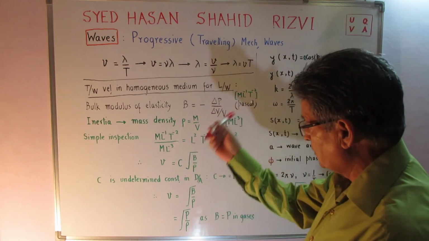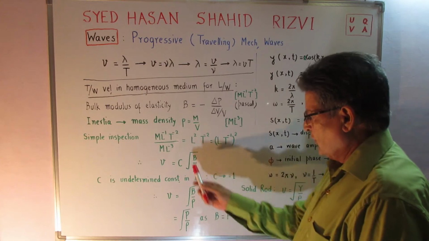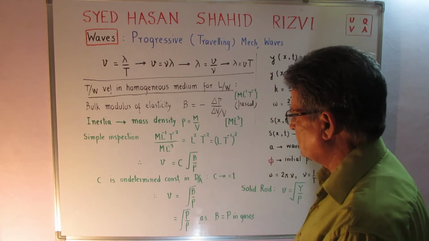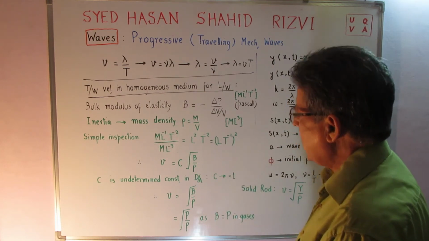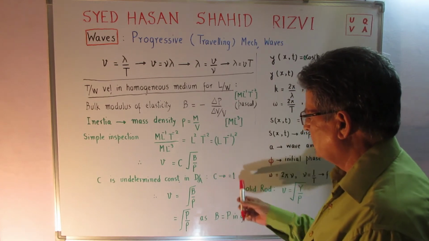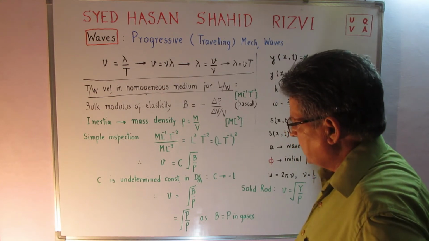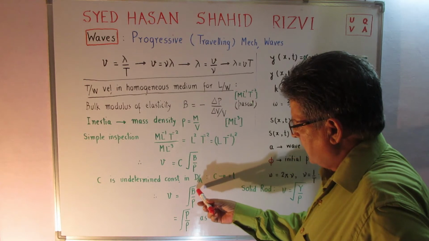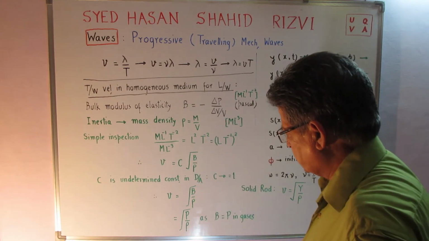Similarly you could have it in the other case also. And we find, when we do that, that the value of c is equal to 1. Okay, so the velocity turns out to be equal to under root B over rho. B is the bulk modulus and rho is the mass density.